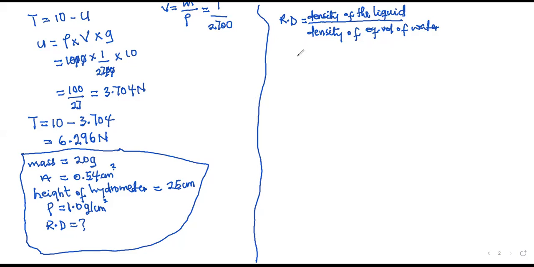So RD is this. So it means that once the density of water is constant, 1 gram per cm cube, all that we require here is to determine the density of the liquid, and we can determine the relative density. Okay. Now, how do I do it? The hydrometer floats, and once it floats, the law of flotation must apply. Mass of the object, which is the hydrometer, must be equal to the mass of water displaced.